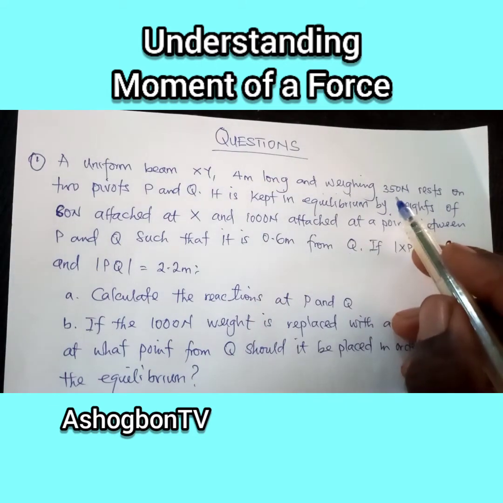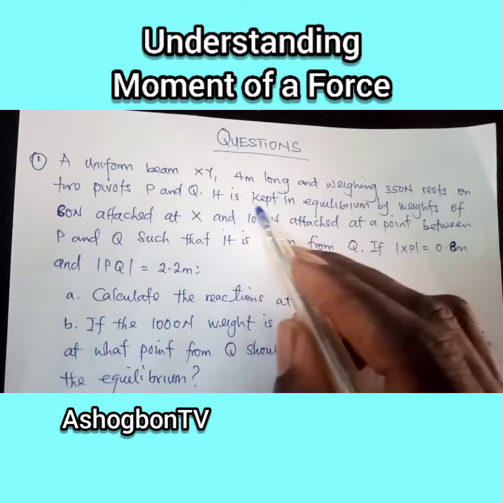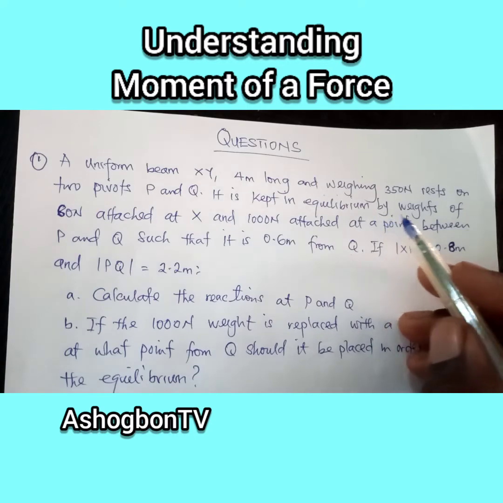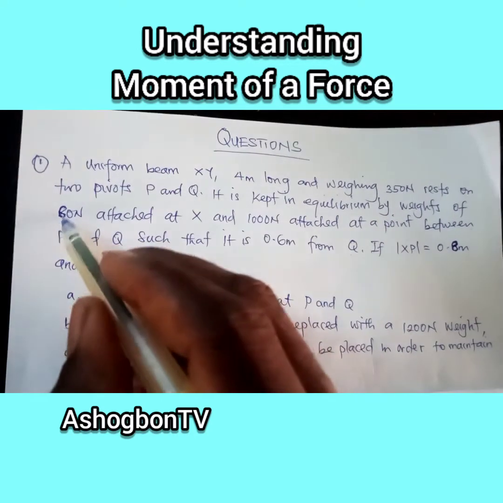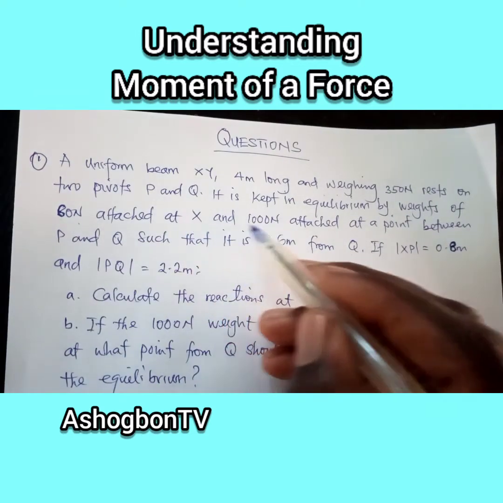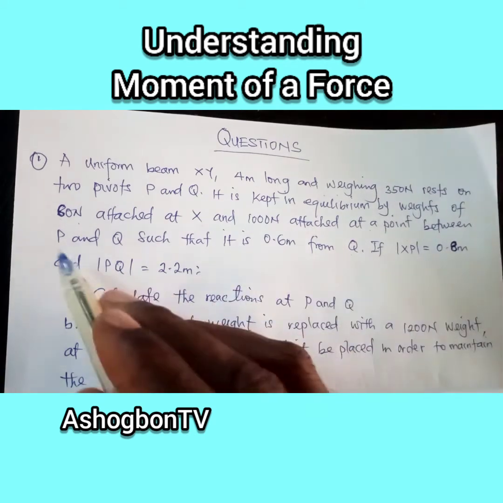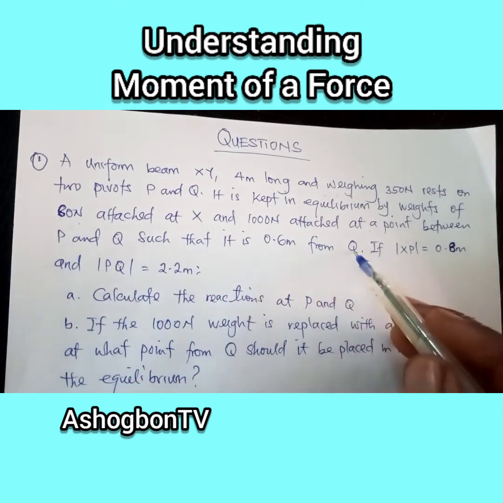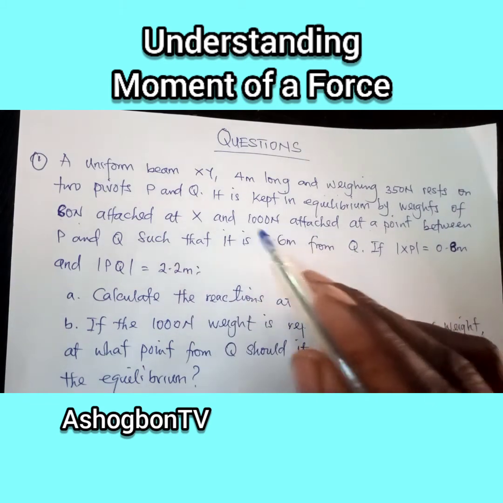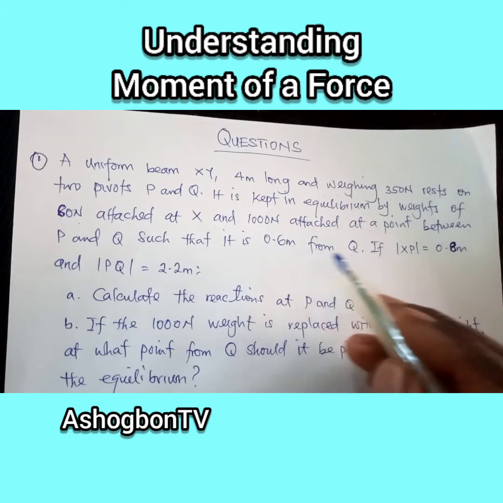Now we're told the weight is 350 and it rests on 2 pivots, which kept it in equilibrium by weight of 80 Newton attached at X and 1000 Newton attached at a point between P and Q, such that it is 0.6 meters from Q. So that means the 1000 Newton weight is 0.6 meters from Q.